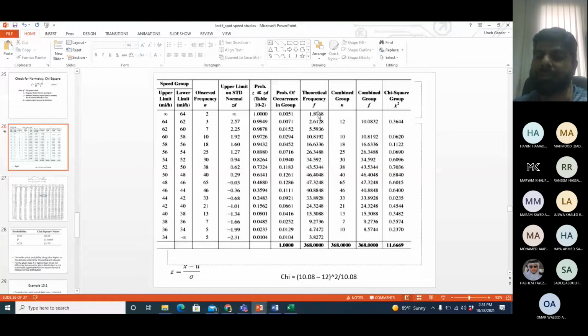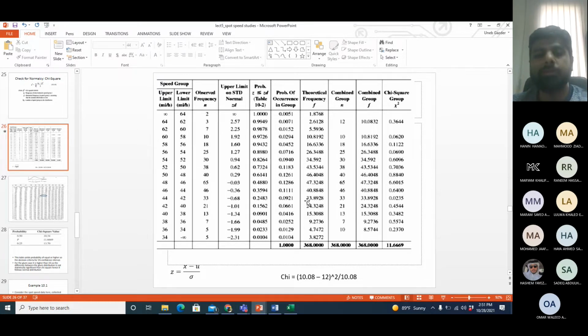So I will merge it with the third group then. Merging will continue until the final value of f becomes more than 5 or 5. 5 is also acceptable. So I merge the first two groups, the value is still less than 5, I merge the third group.